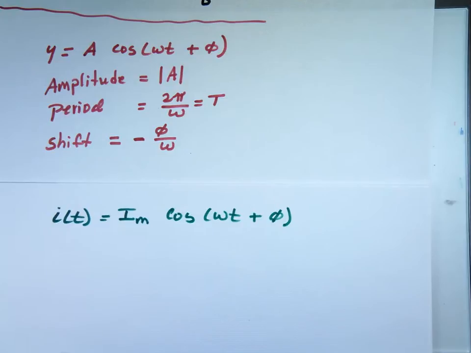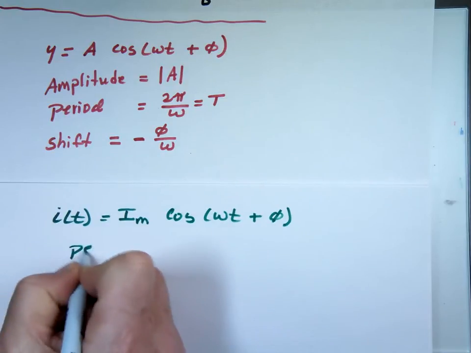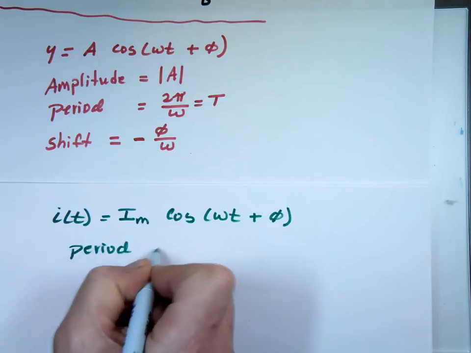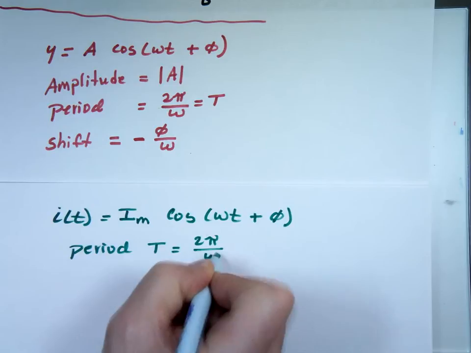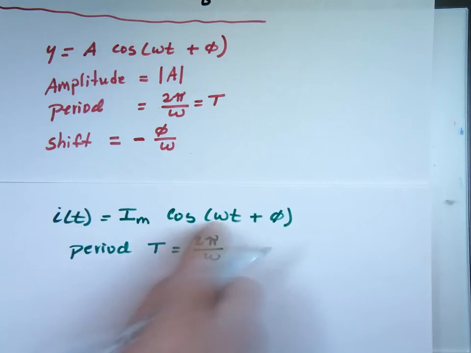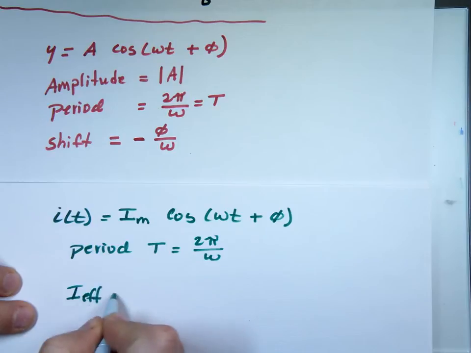I want to find the effective value. That means in this case my period T is equal to 2 pi over w. It's always 2 pi divided by that number.